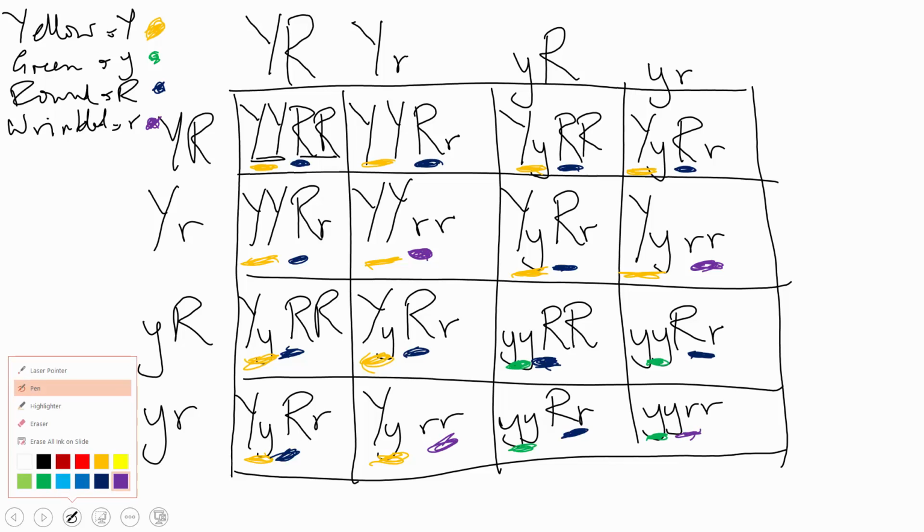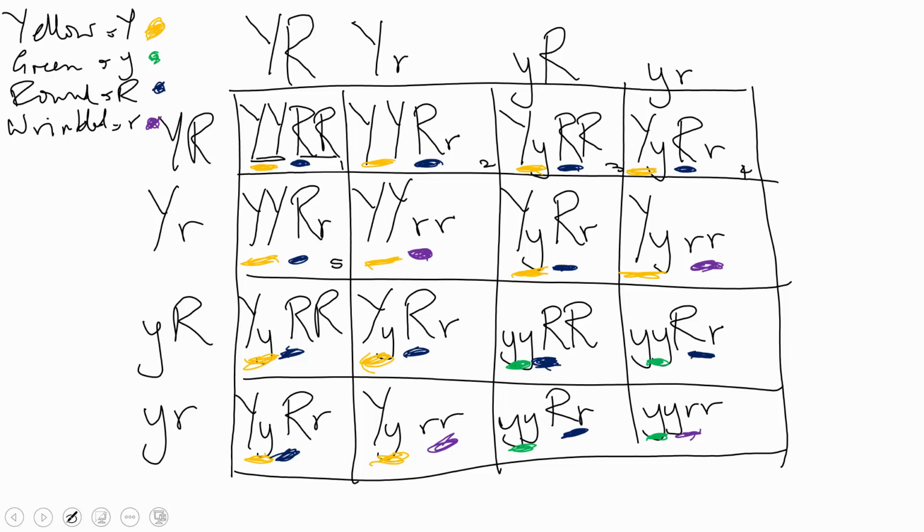Okay, we're done. Now all we have to do is count it up. How many yellows and rounds do we have? We have 1, 2, 3, 4, 5, 6, 7, 8, and 9.